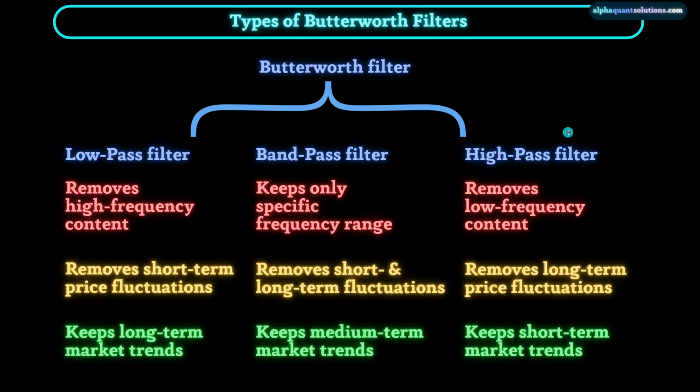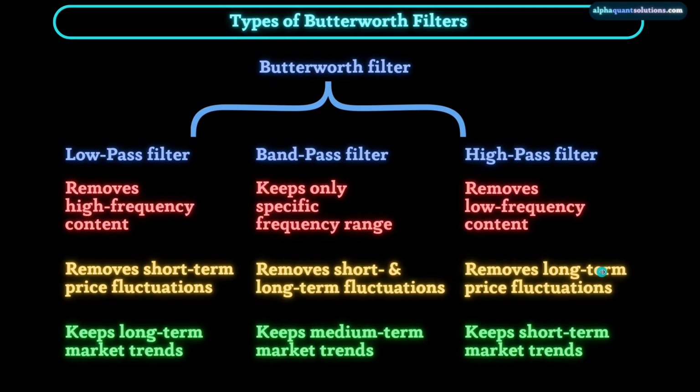On the other hand, at the other end of the spectrum, it can be used as a high-pass filter, meaning it will only keep the high frequency content of the input signal, and hence it will remove the low frequency content. And what is equivalent to low frequency content is anything that has long-term price fluctuations. So anything that is slow moving is low frequency content.